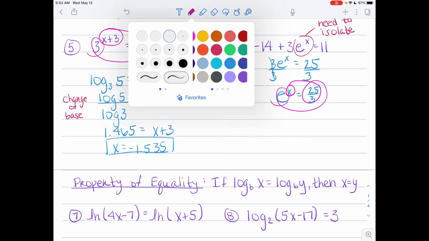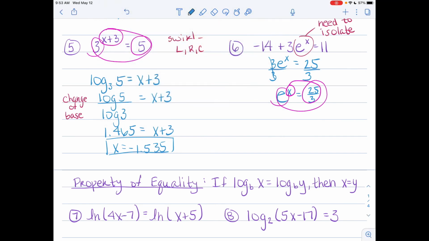If I'm going to rewrite a base of e, I need to rewrite it as natural log with a base of e.